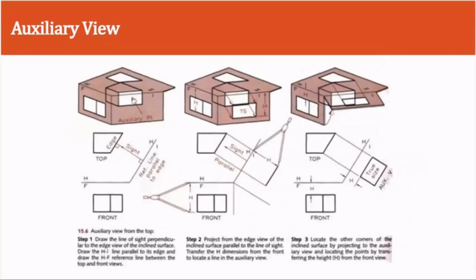Step 2: project from the edge view of the inclined surface parallel to the line of sight. Transfer the H dimensions from the front to locate a line in the auxiliary view. Step 3: locate the other corners of the inclined surface by projecting to the auxiliary view and locating the points by transferring the height h from the front view.